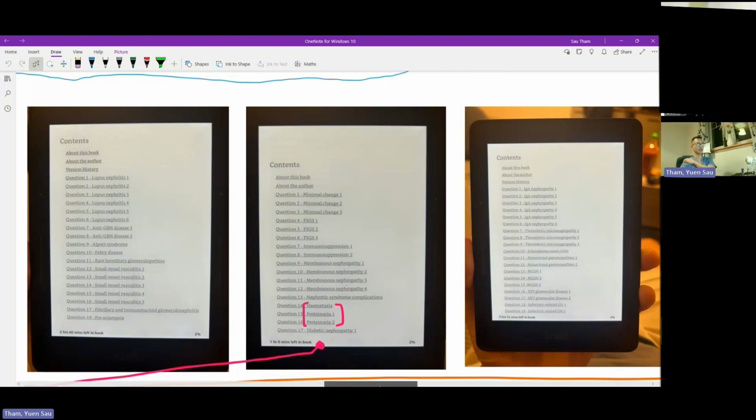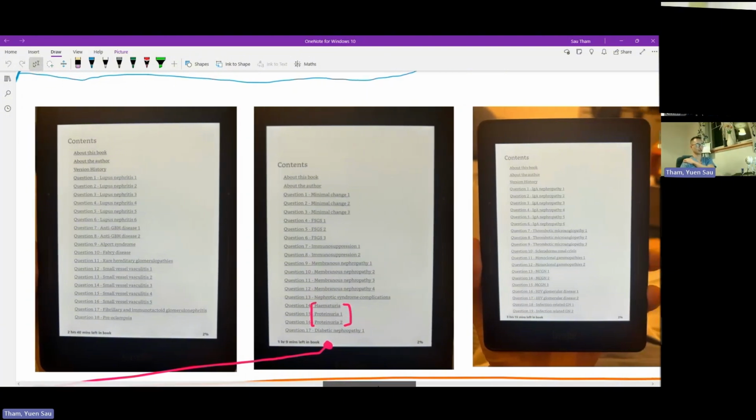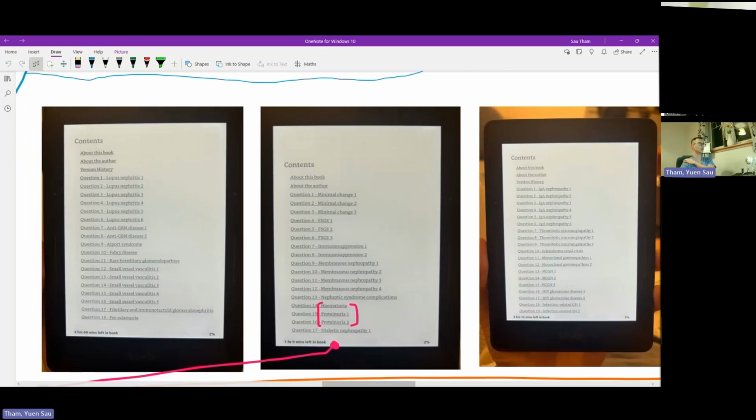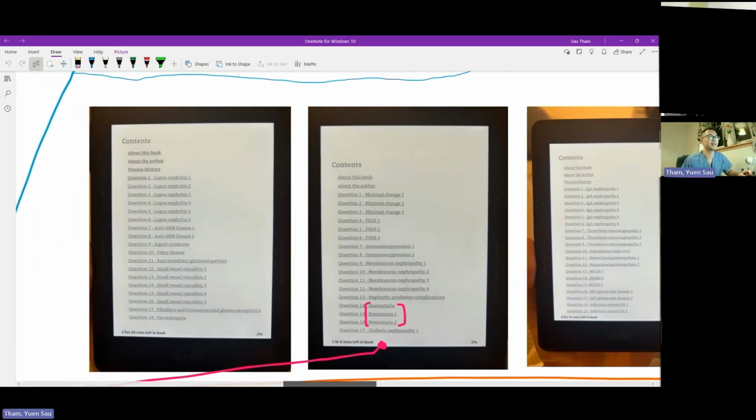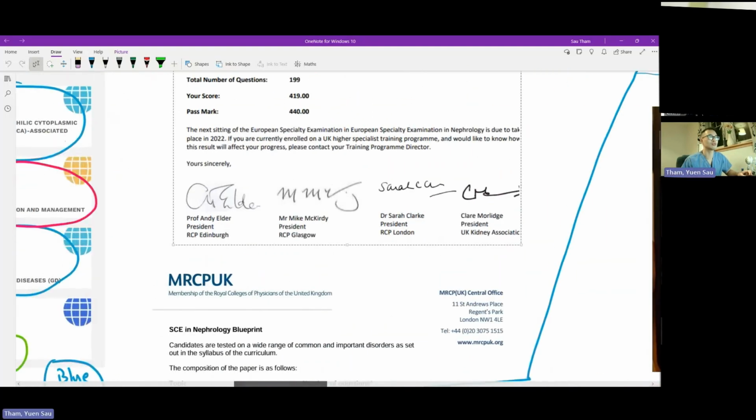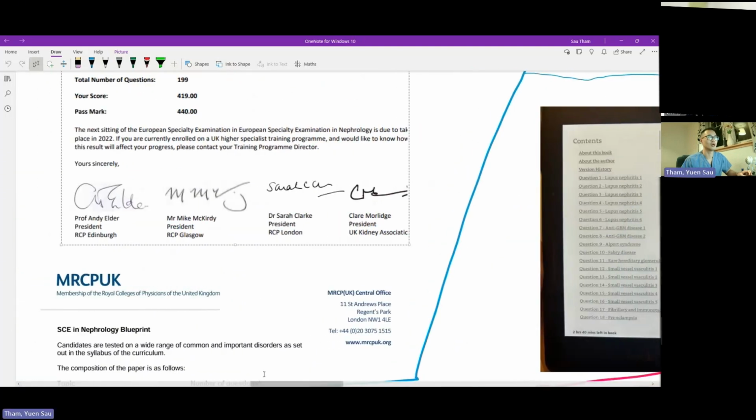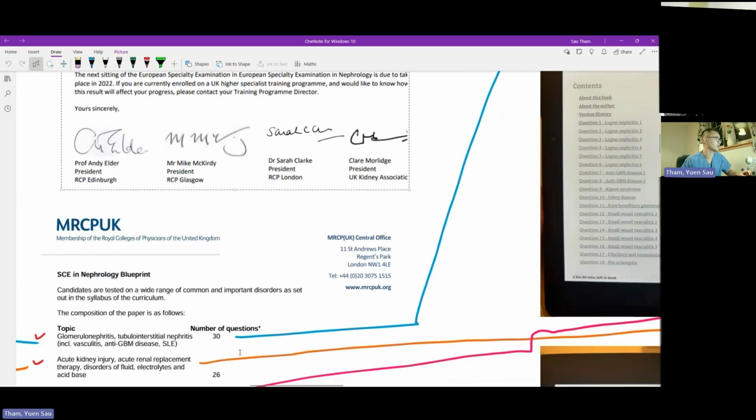And I really, really highly recommend it. I wouldn't recommend any other textbook, if you call it a textbook, any other book apart from this. So that is a quick segue into Nephro Shots.